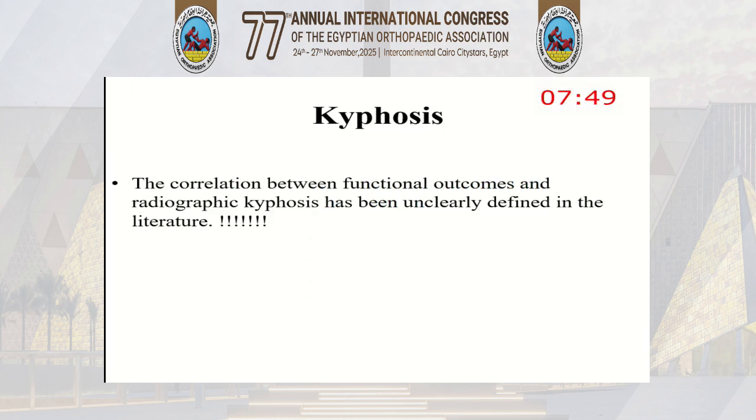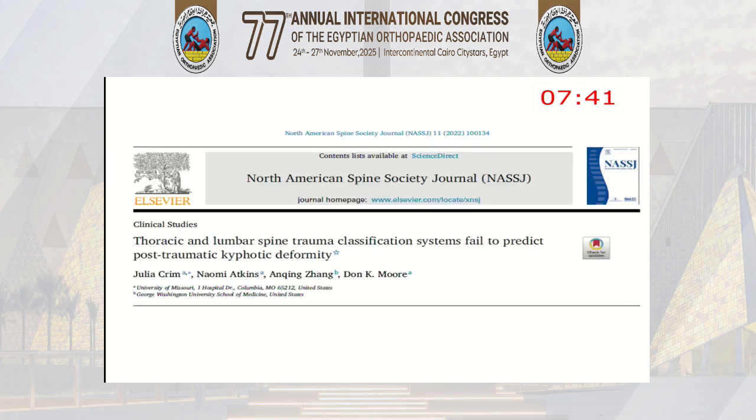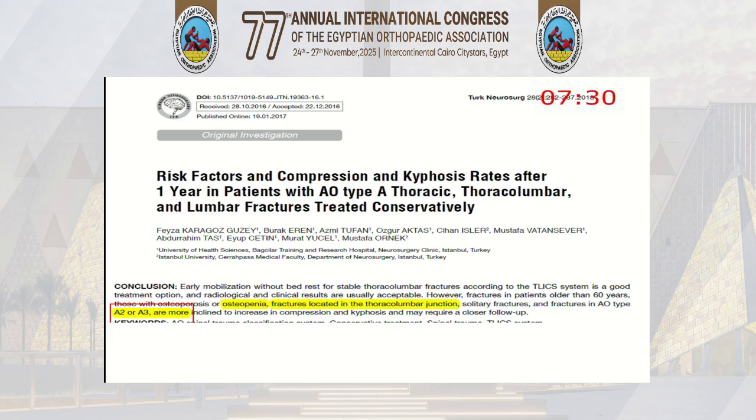The correlation between the kyphosis and outcome is still not clear. This is according to the literature. Still, we can face some post-traumatic kyphosis from a simple fracture like A2 or A3.